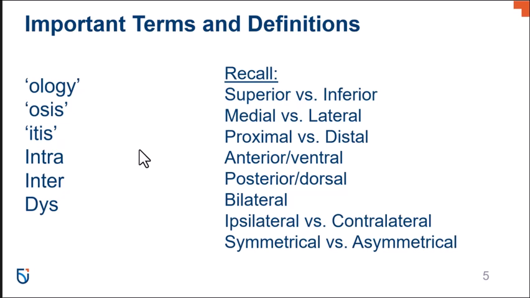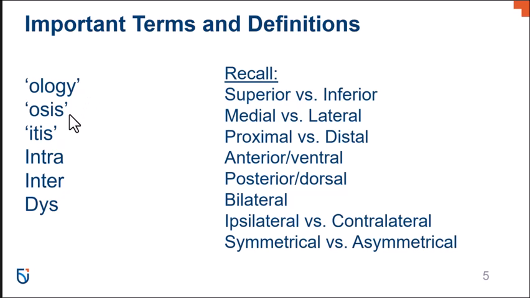The prefix is just a word or letter that comes before the bulk of the word, and the suffix is what's added to the end. So ology is a suffix, osis is a suffix, itis. Ology is the study of, when it's added to the end of a word, a study of whatever word is prior to it. So it refers to a field of study.